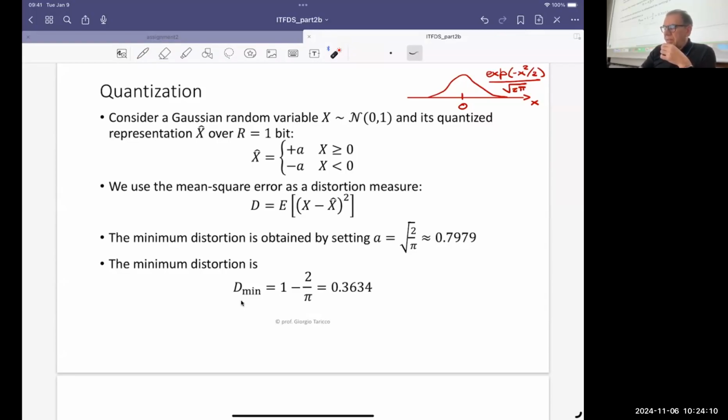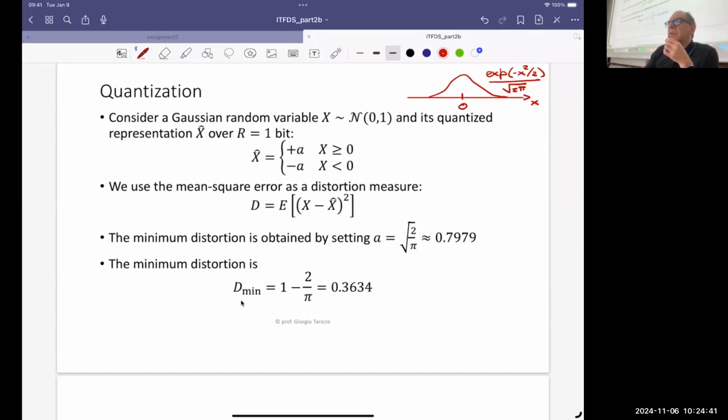Now let's say that we want to represent this Gaussian random variable by using only 1 bit. What can we do to obtain this? Well, we can say essentially that the random variable can be positive or negative, because 1 bit essentially allows us to say if it's positive or negative. And we want to do something more.